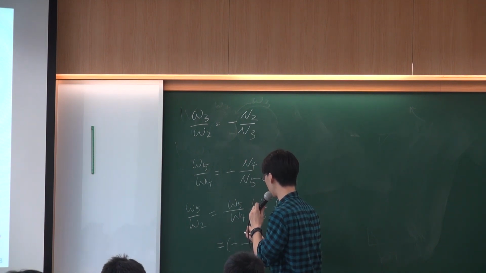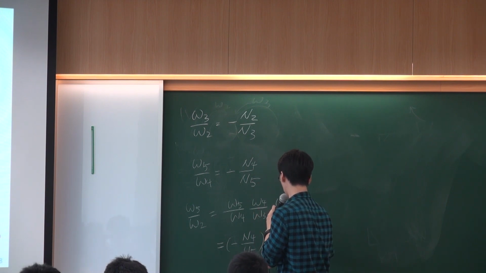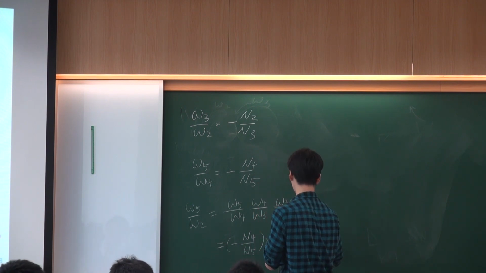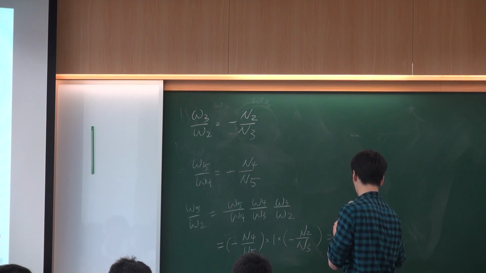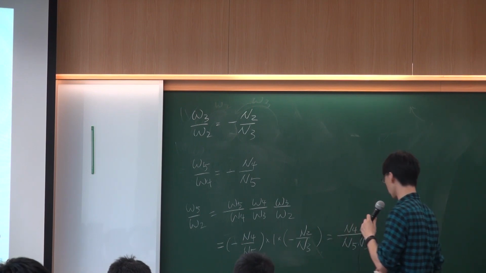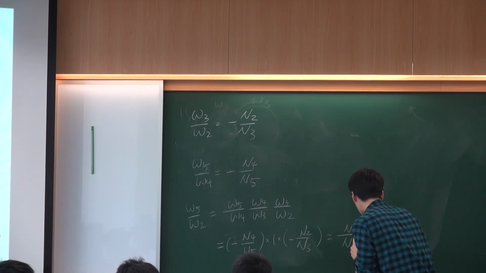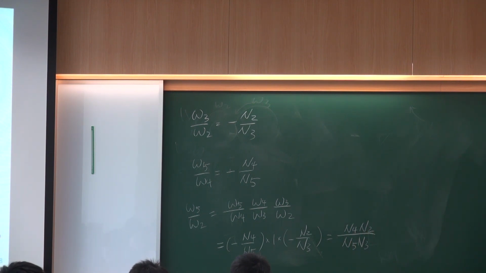So you get negative, and we know omega 5 over omega 4, we know omega 3 over omega 2.